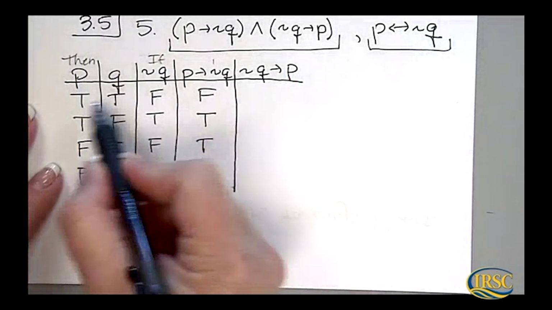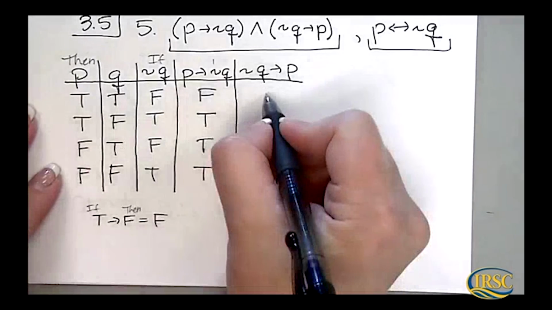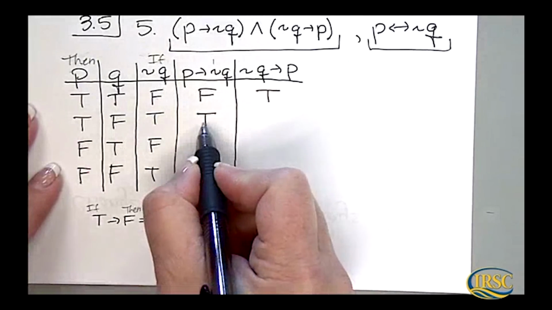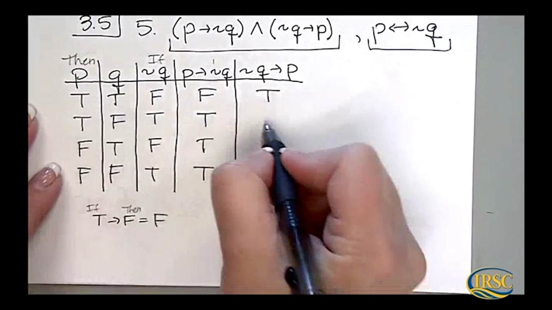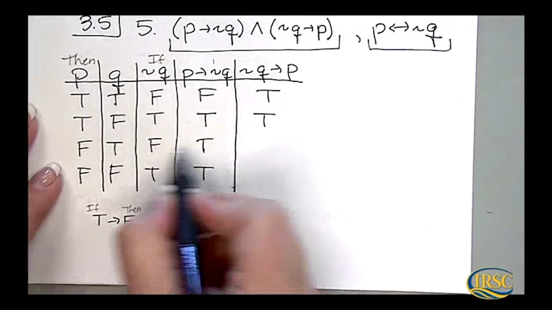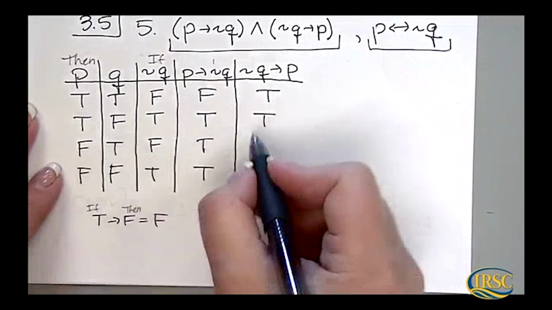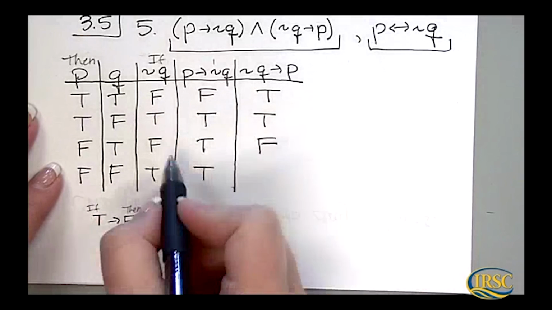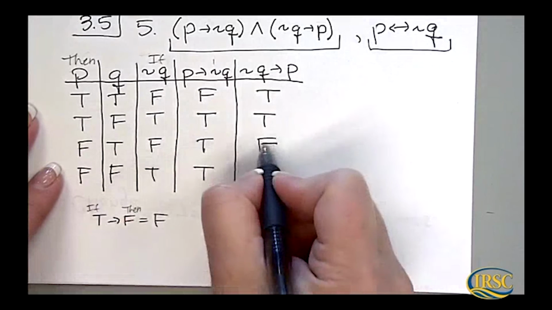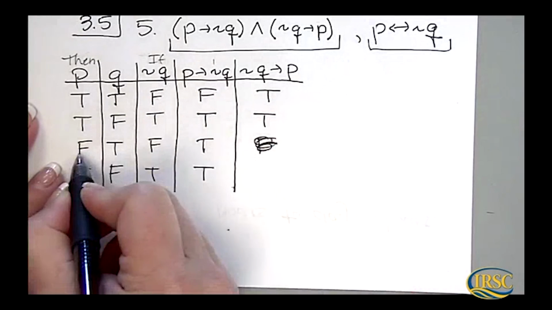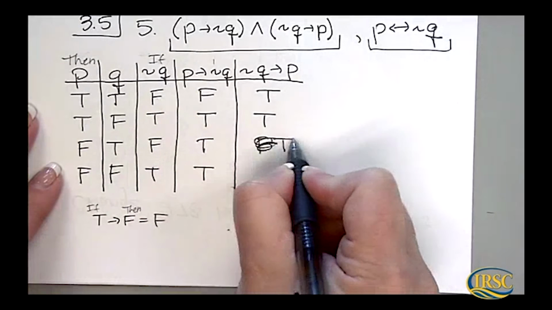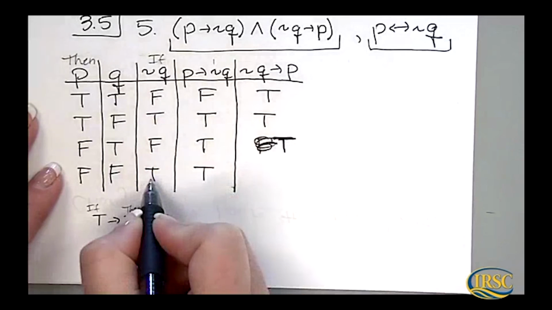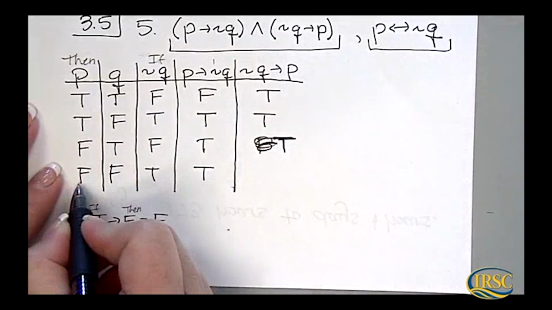So if false, then true is true. If true, then true, true. If true, then false, false. Oops, I looked at the wrong column, sorry. I looked here instead of here. Okay, so if false, then false is true. And then if true, then false is false.